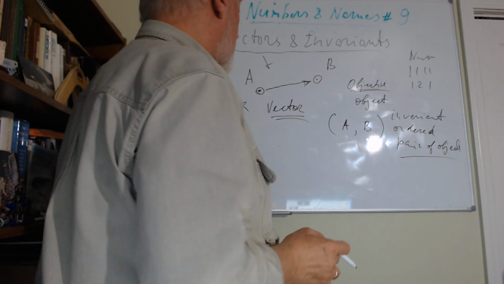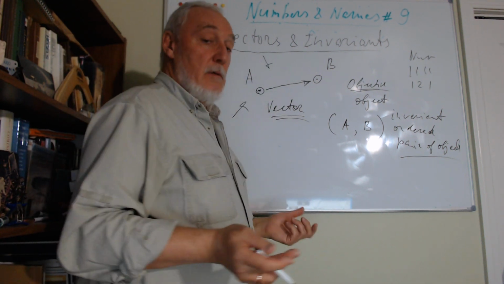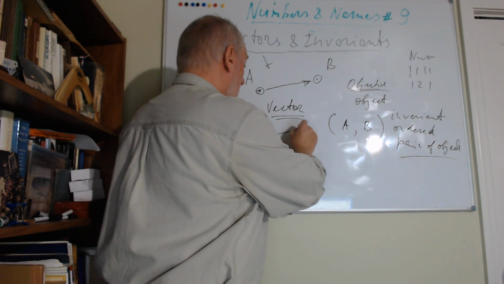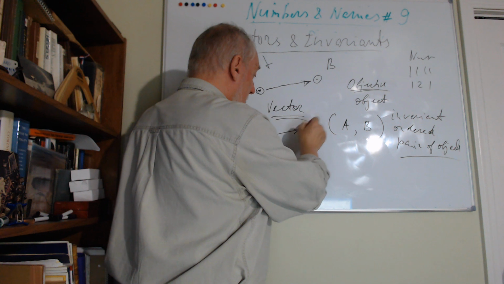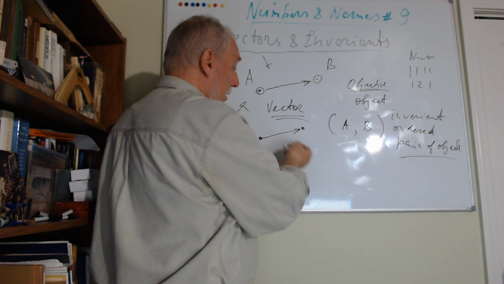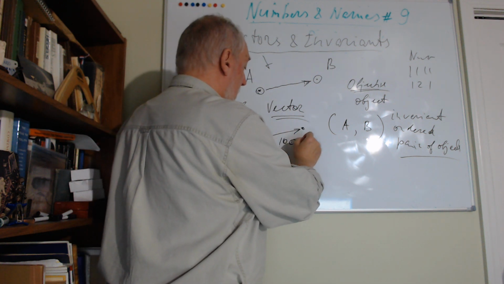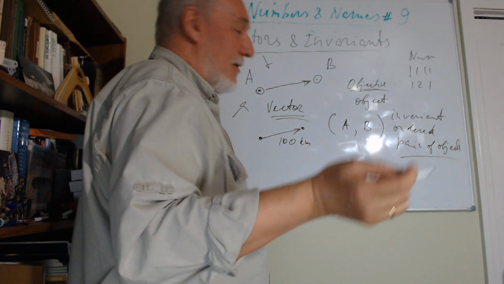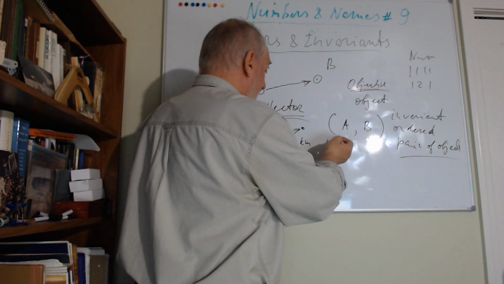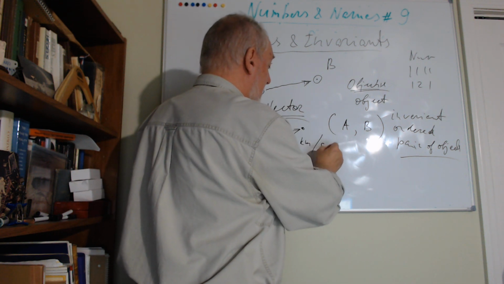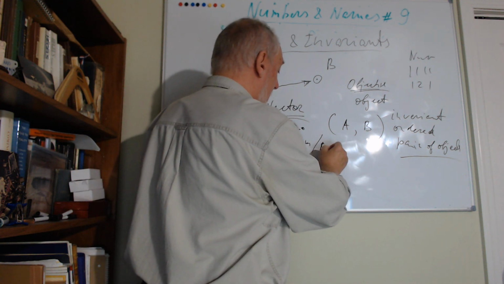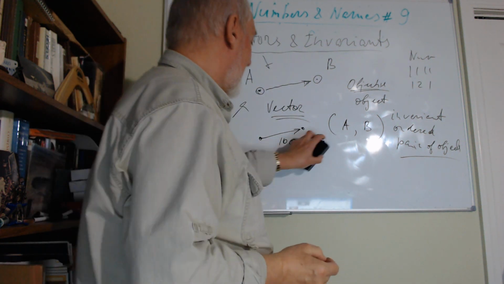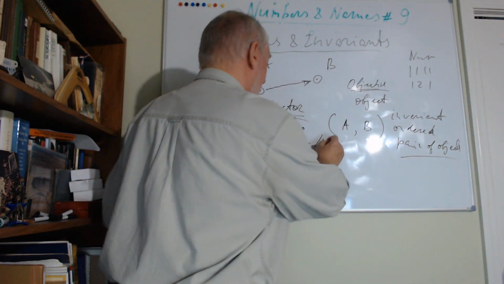Examples of vectors, like velocity. We're riding the car, 100 kilometers per hour, for example.